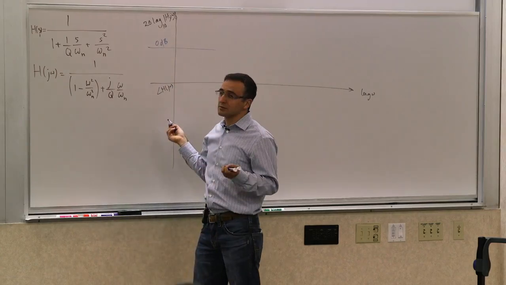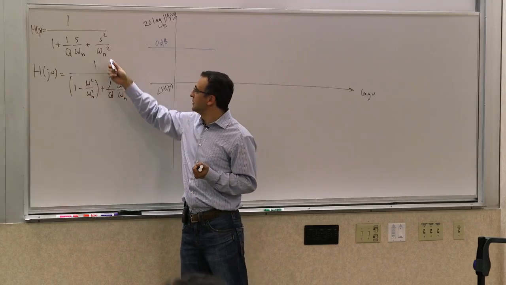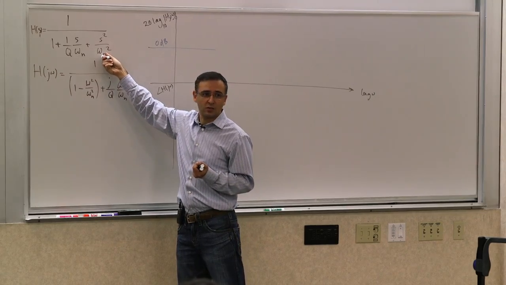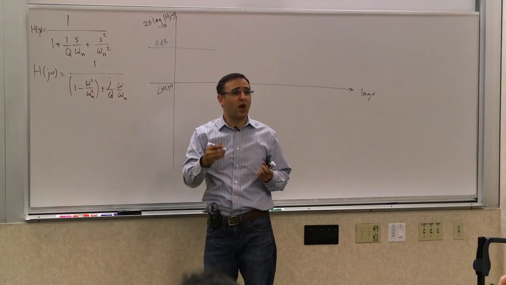So this is one of your asymptotes, 0 dB. What about very high frequencies? At very high frequency, which term dominates? The highest order term, which is the omega squared term. So you start dropping at what rate?